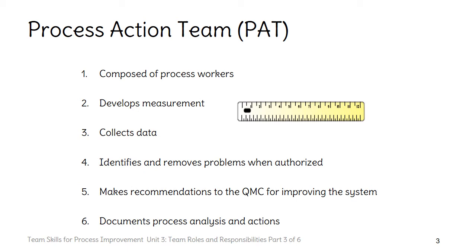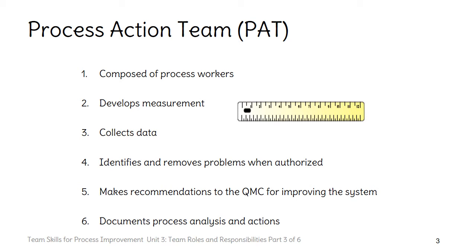4. Identifies and removes problems when authorized. Usually, the charter from the QMC permits the people working in the process to reduce or eliminate local problems within certain boundaries or limits.